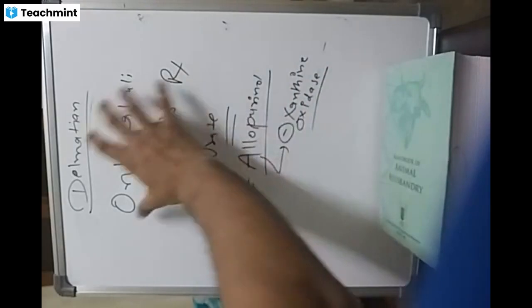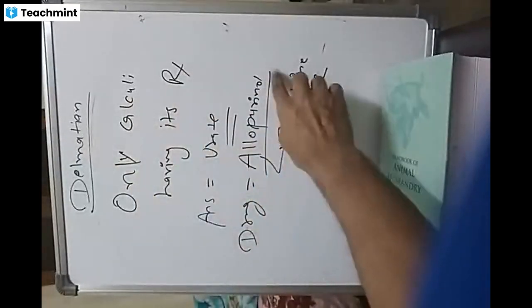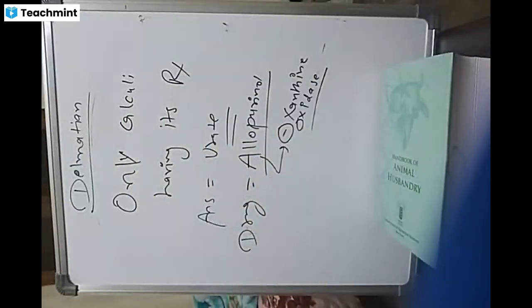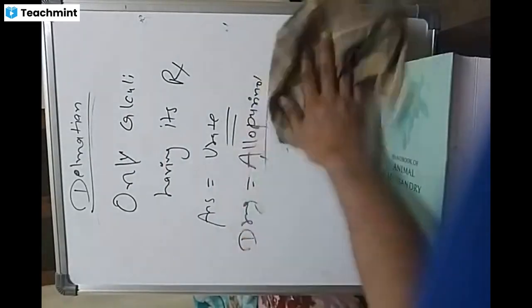So this is the only calculi which has treatment as allopurinol, and you regulate the diet, or make the urine alkaline, making the pH opposite, and dissolve the calculi. So that's all about urolithiasis.